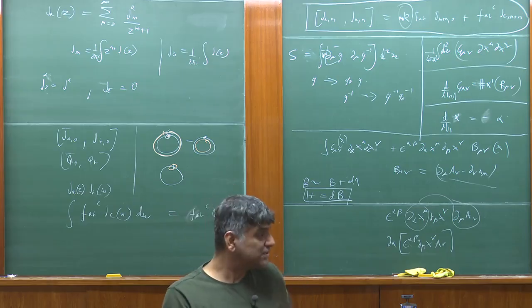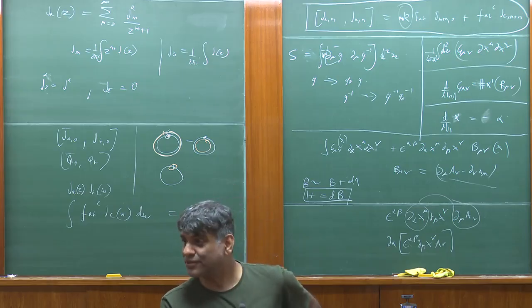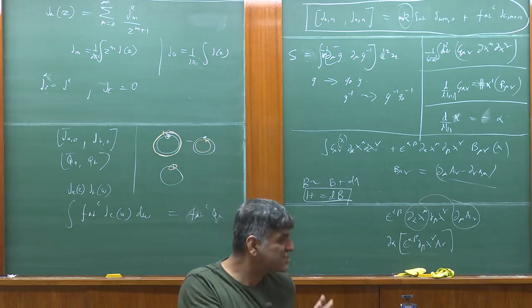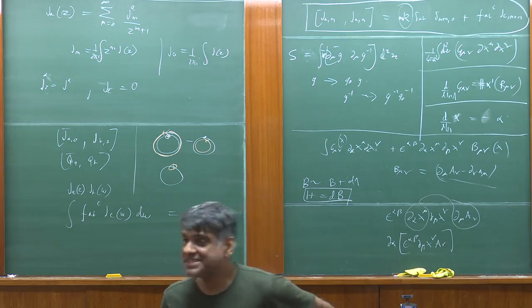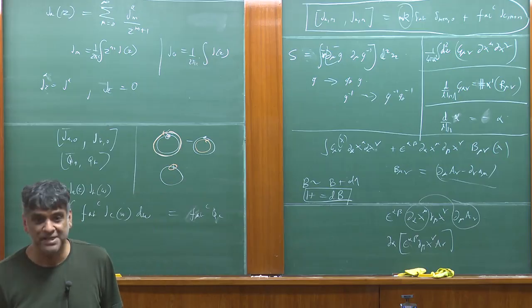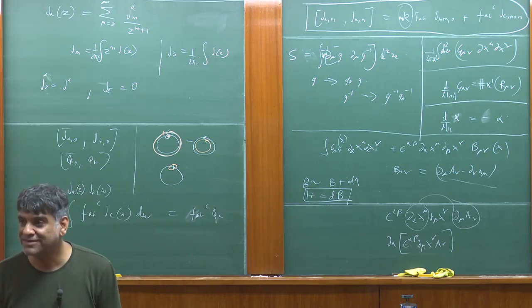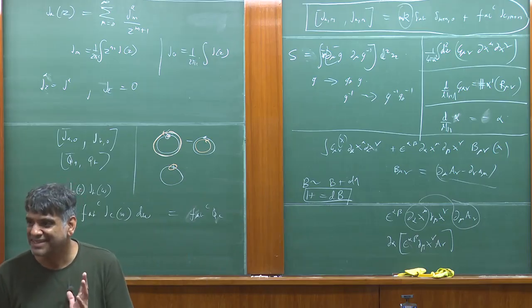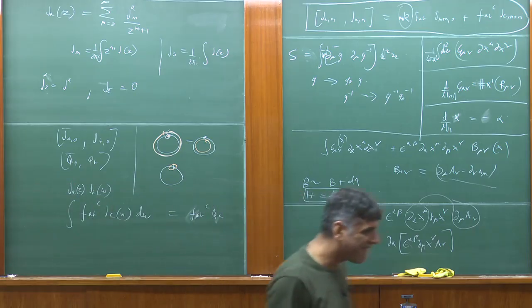So in the case of SU2, there's a very simple thing to do. Turn on an H. That is, preserve the roundness of the 3-sphere. That preserves the same symmetry as before. Is this clear? Okay.